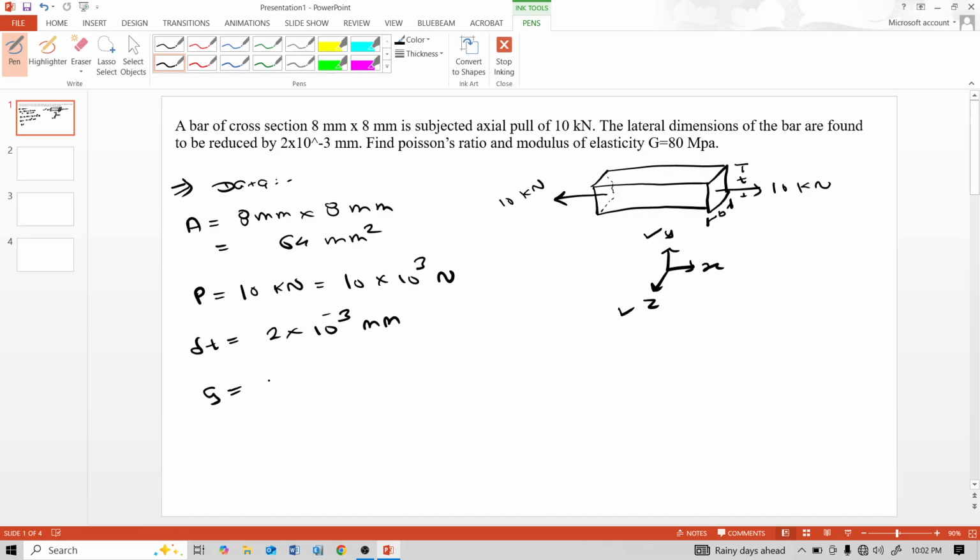Shear modulus is 80 GPa, that means 80 into 10 raised to 3 MPa.